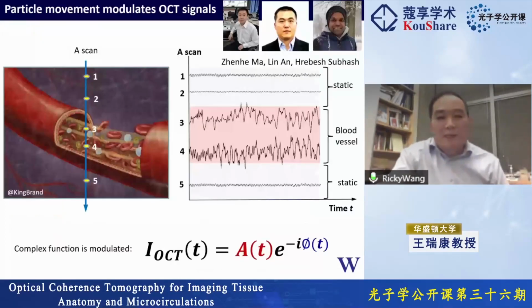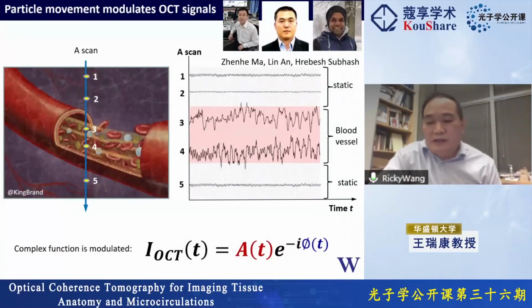Okay, so this was about 10 years ago, and in my lab, we were very interested in using laser Doppler or laser speckle to look at blood flows. And we know that in laser speckle, if you have blood flow, or moving blood cells in the blood vessels, those moving blood cells will induce a time-varying speckle pattern, right?